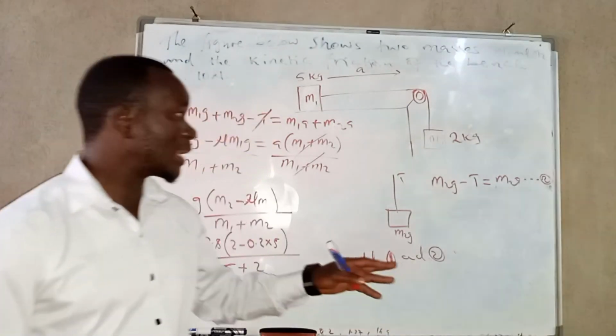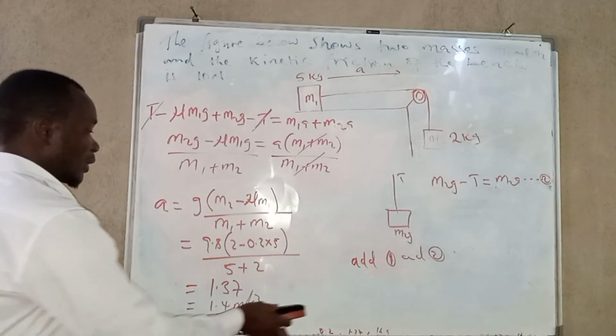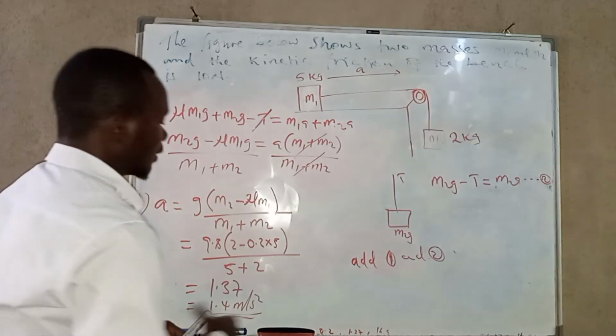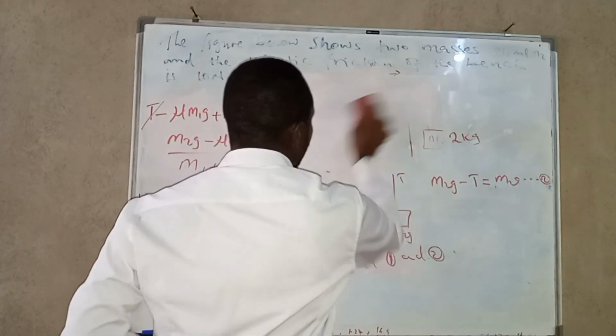Now the last part demands us to find the tension. So this is B, the tension in the system. We are going to make use of one of the equations.